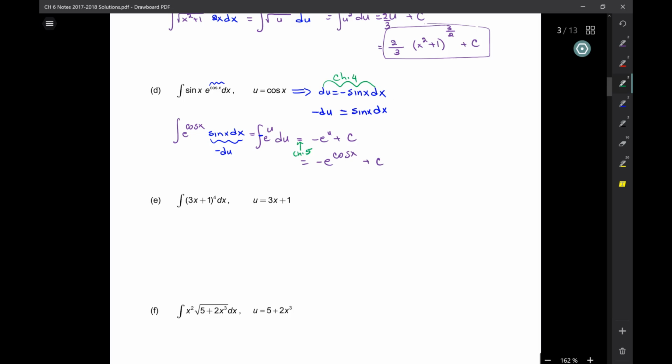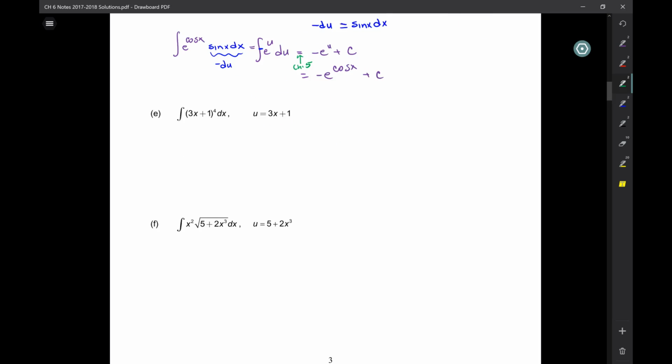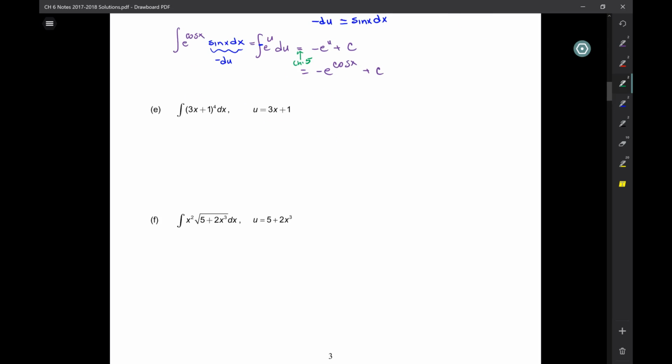Okay, all right, so the next one I'm going to give you 30 seconds to do on your own. Actually, let's do it together, because this is fun. I don't want to have you guys do all the fun stuff on your own. Okay, so du is, are we okay with this one? du is 3dx.